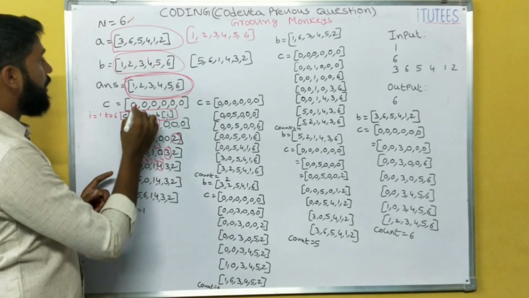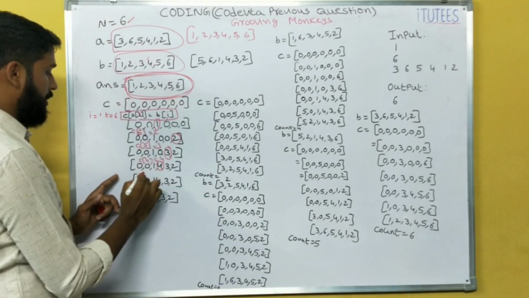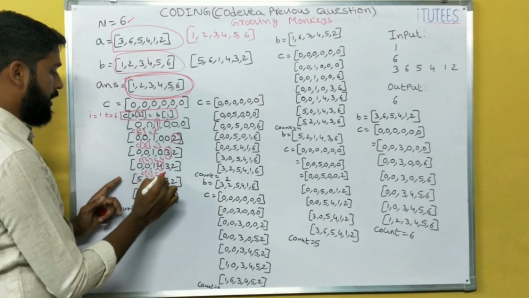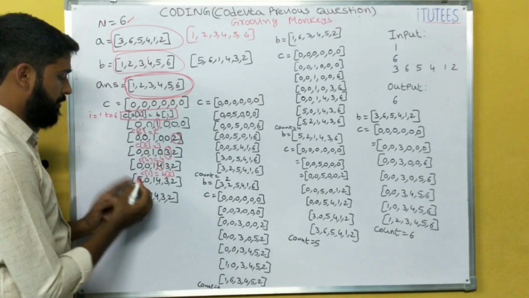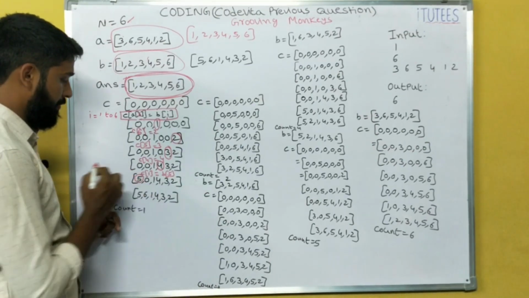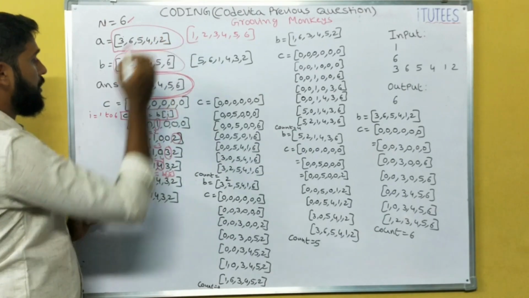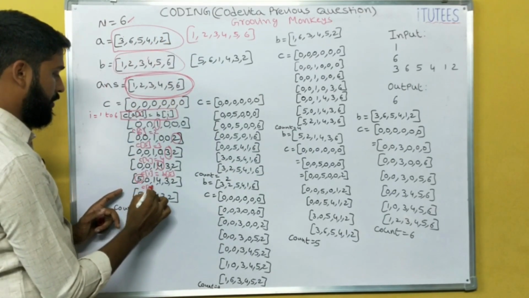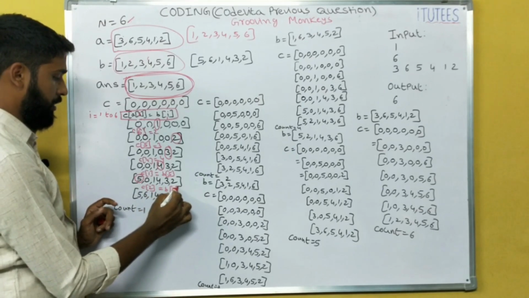Next, A of 5 is 1, so C of 1 equals B of 5, that means 5. Next, A of 6 is 2, that means C of 2 equals B of 6, that means 6.